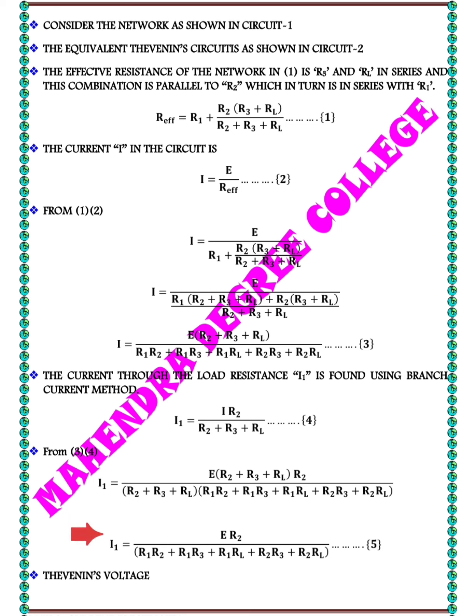In the above equation, the numerator R2 plus R3 plus RL and the denominator R2 plus R3 plus RL are cancelled. We get I1 equals ER2 by R1 R2 plus R1 R3 plus R1 RL plus R2 R3 plus R2 RL. This is equation number 5.